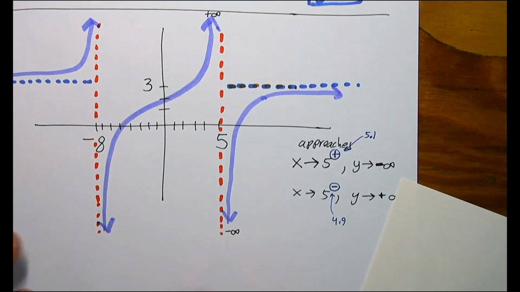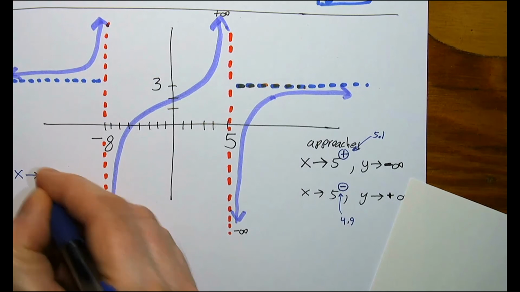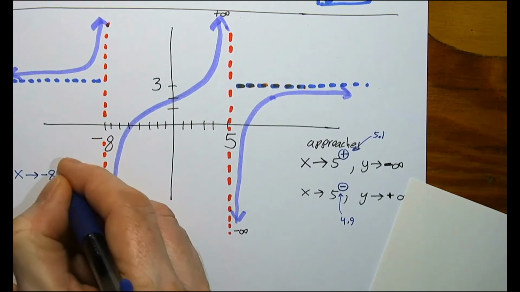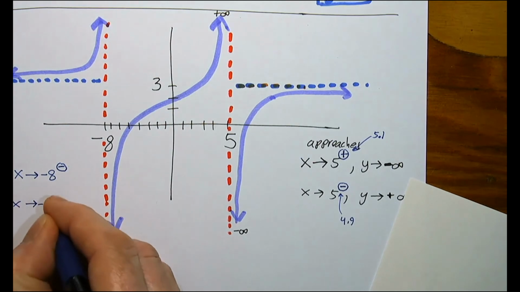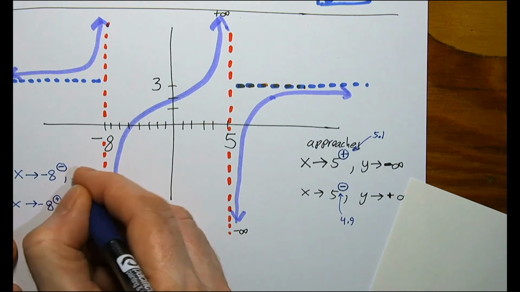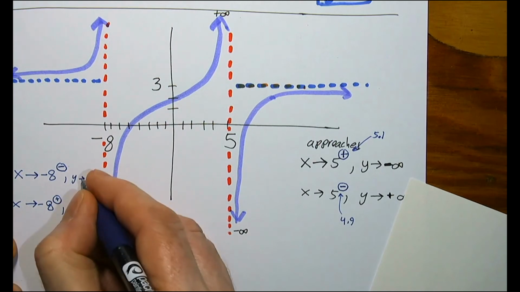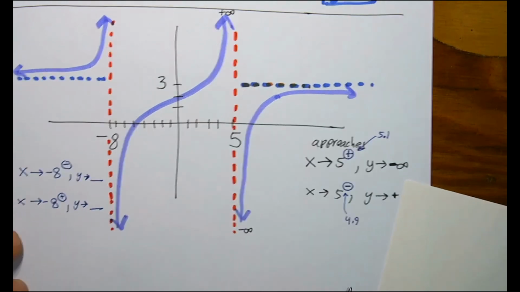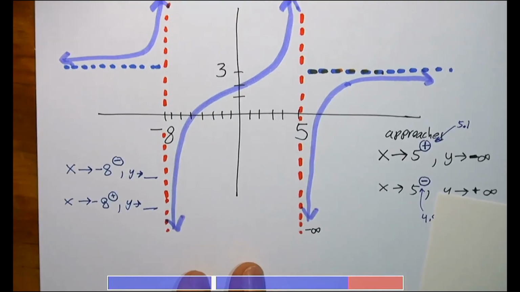There's some kids playing around the -8 fence. Some of the kids are approaching -8 from the negative side, and some of the kids are approaching -8 from the positive side, from a little bit bigger. Where are they headed?